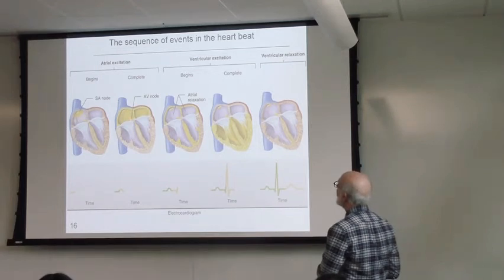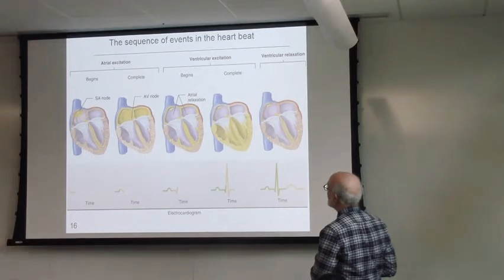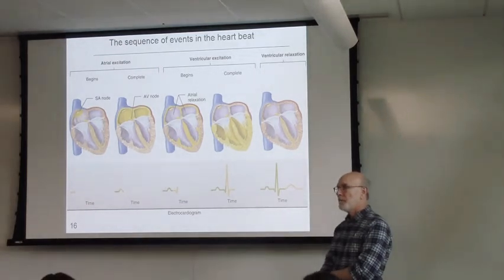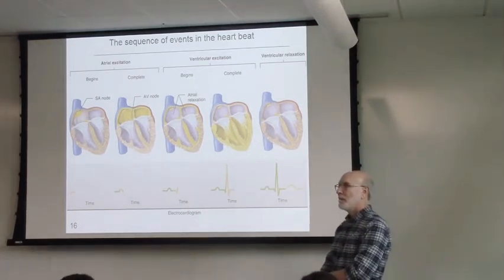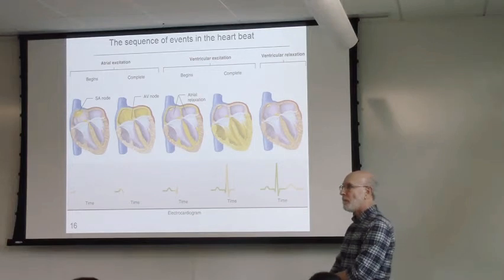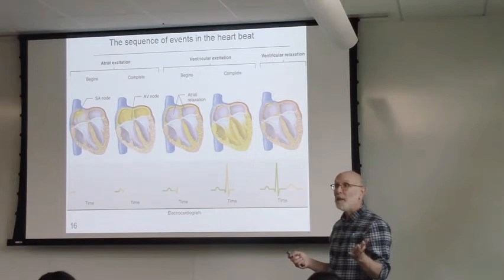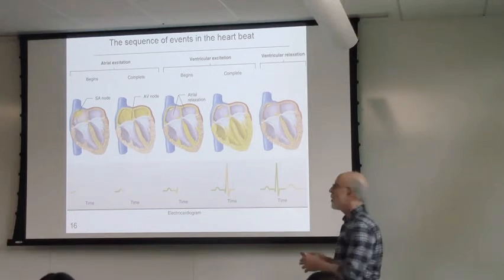Okay. Why doesn't this electrical activity spread right here from the left atrial wall into the left ventricular wall? Great. There are fibrous rings between the atria and the ventricles that act as insulators. Insulation. There is an abnormality where if that insulation is incomplete, there can be spread.